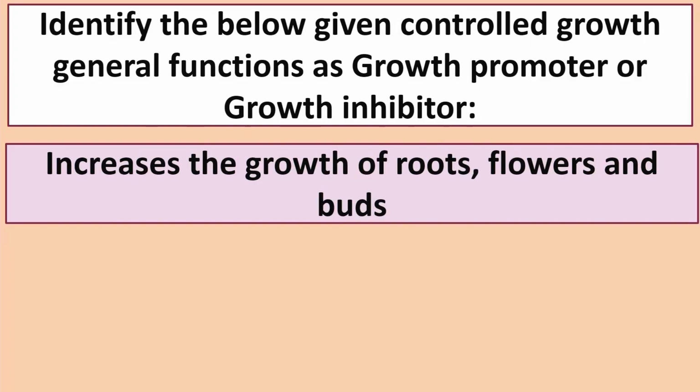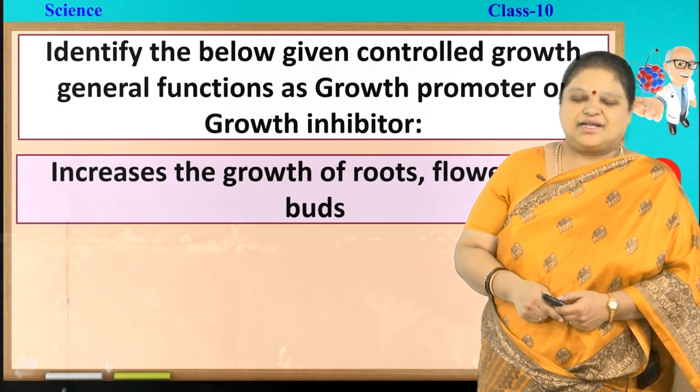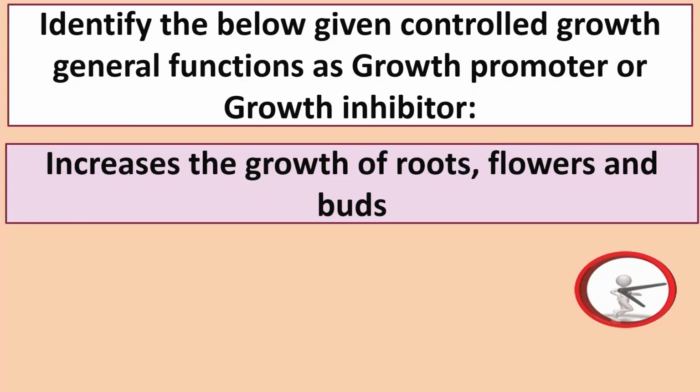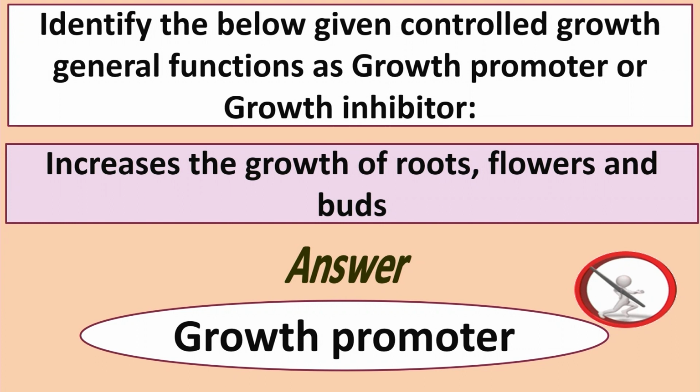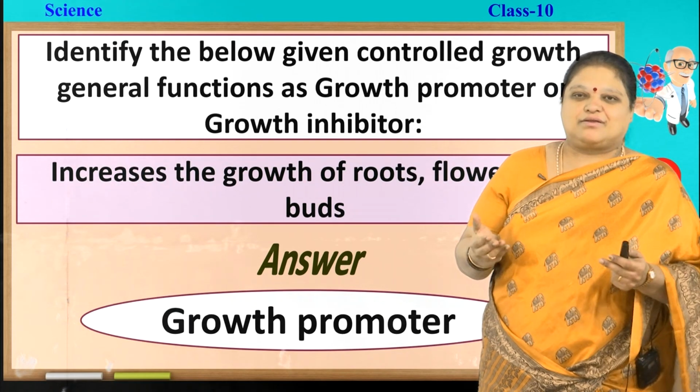Next we will go to another one. This one will help in increasing the growth of roots, flowers and buds. I want you to think and answer which one will help you in increasing the growth of roots, flowers and buds. So, the answer is growth promoter. Of course, they will help in growth.